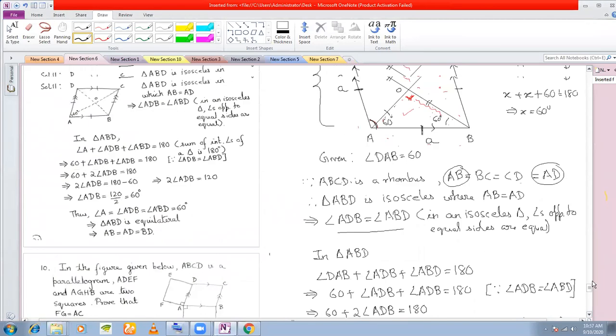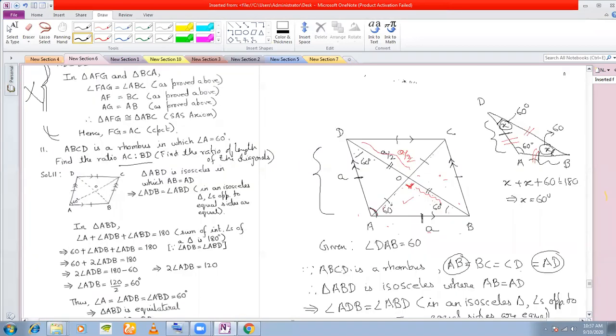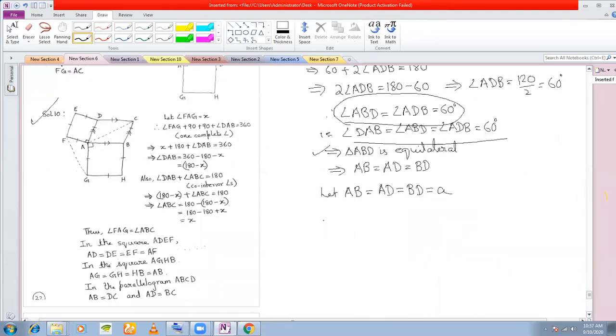So BD is the diagonal. So what should be OB and OD? OB and OD should be A by 2. Therefore, OB is equal to OD is equal to half of BD is equal to half of A, which is equal to A by 2.